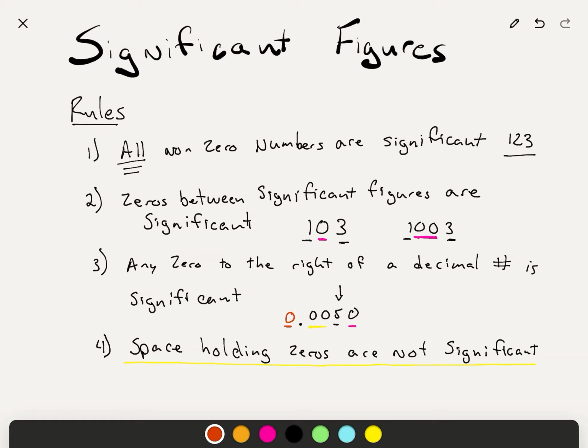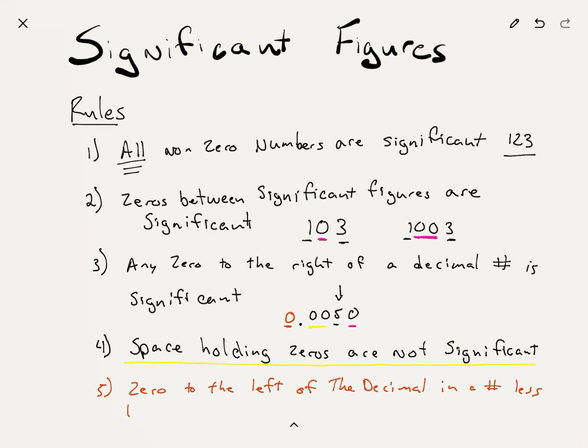It's there to let you know that the decimal point is a decimal point and not a period from the sentence before, maybe. So this 0 has no significance. Rule 5: a 0 to the left of the decimal in a number less than 1 is not significant.